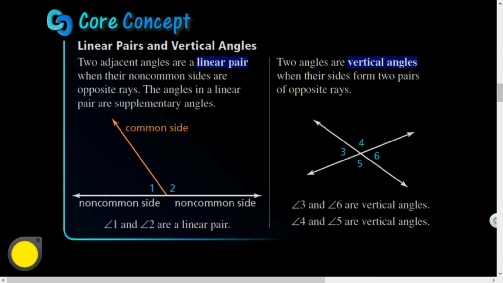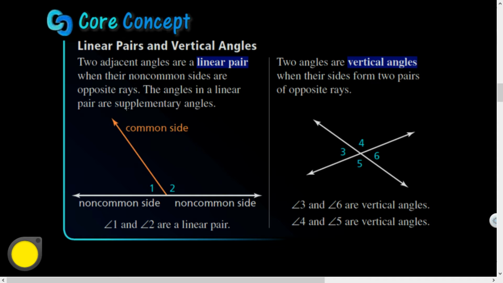All right. Linear pairs. So we've already described supplementary angles. We've described adjacent angles. Here they said if you have two adjacent angles, they are a linear pair when their non-common sides are opposite rays. Okay, so opposite rays. Or they form a straight angle, you could argue, is the same thing going on there.